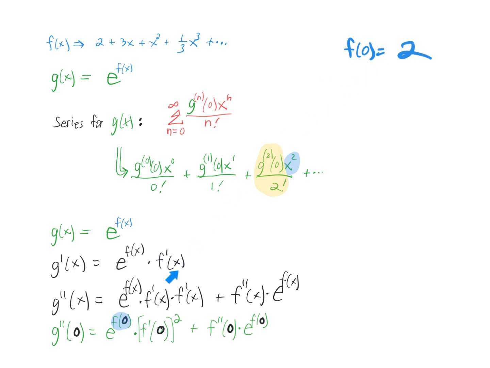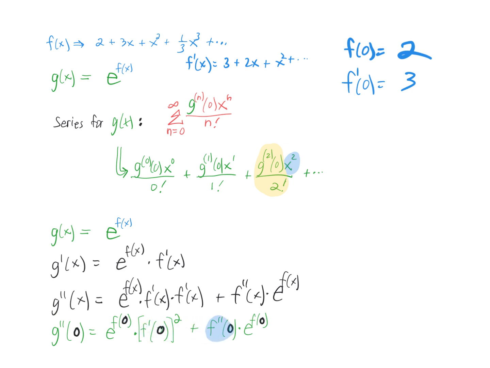Now let's come down to f prime of 0. So f prime of x is just the derivative of these terms, and at 0 we'll have all 0 terms plus 3, so 3.